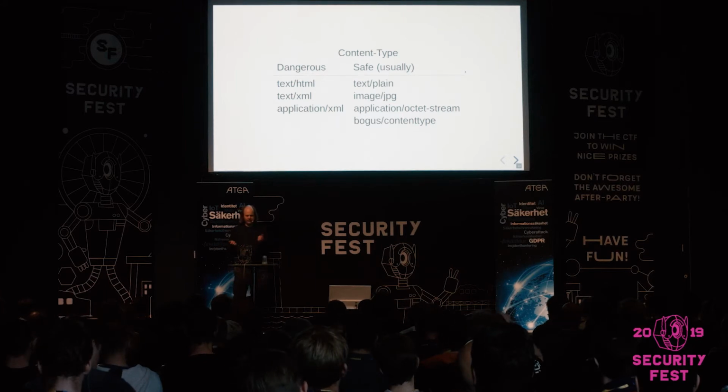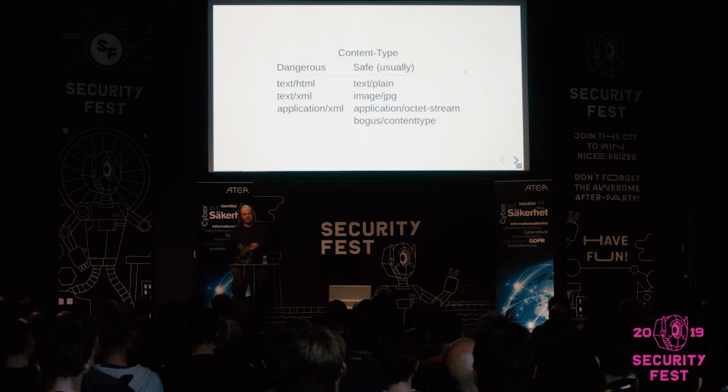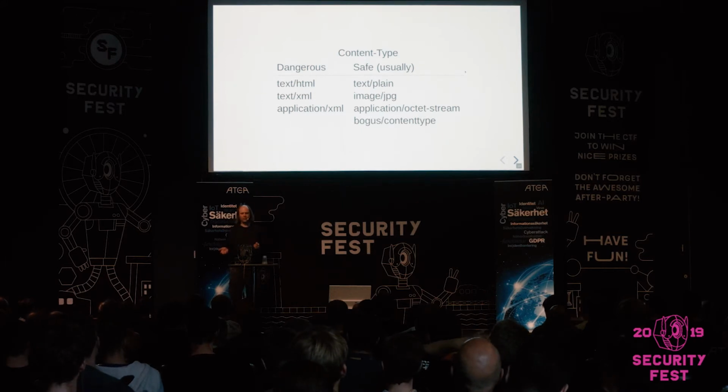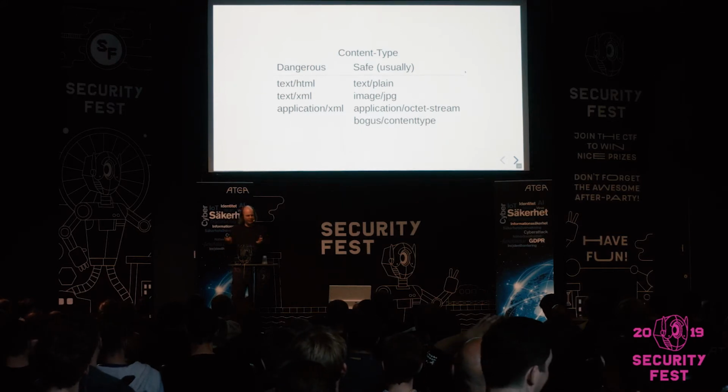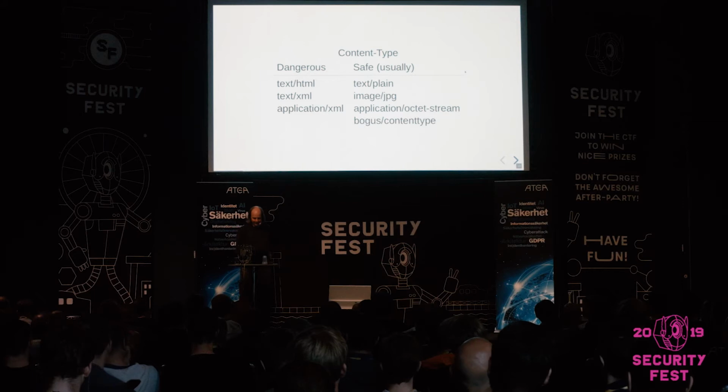Then we have other content types like text/plain, image/jpeg, application/octet-stream, or even some bogus content type which makes no sense at all, but all of these the browser will usually not render as HTML. There are some exceptions, but I'll get to that later.